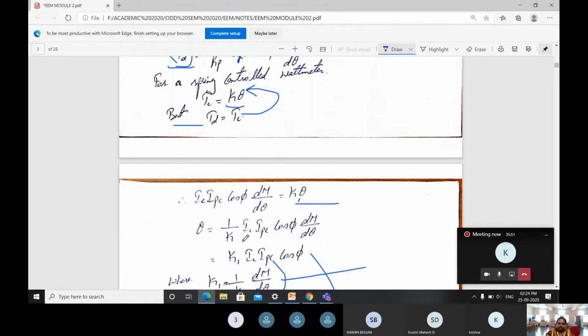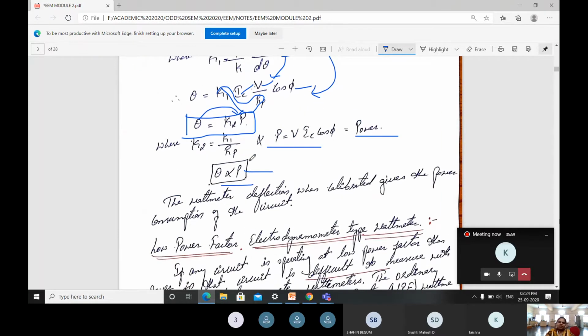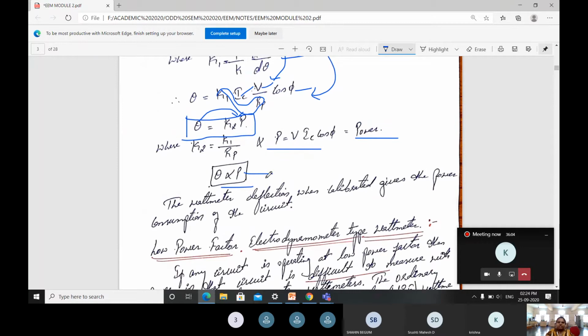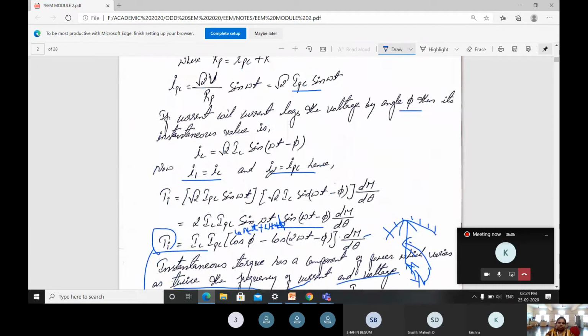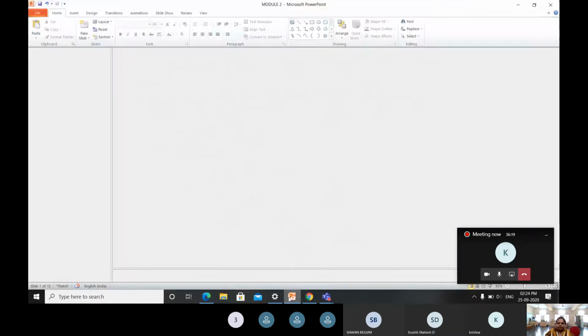Then equate those and derive the equation for theta. Then you will get theta equals K2 into P. From this you can write that theta is directly proportional to P. This is the derivation done to find the deflection factor for the electrodynamometer type wattmeter. Next, we'll go with the next topic.